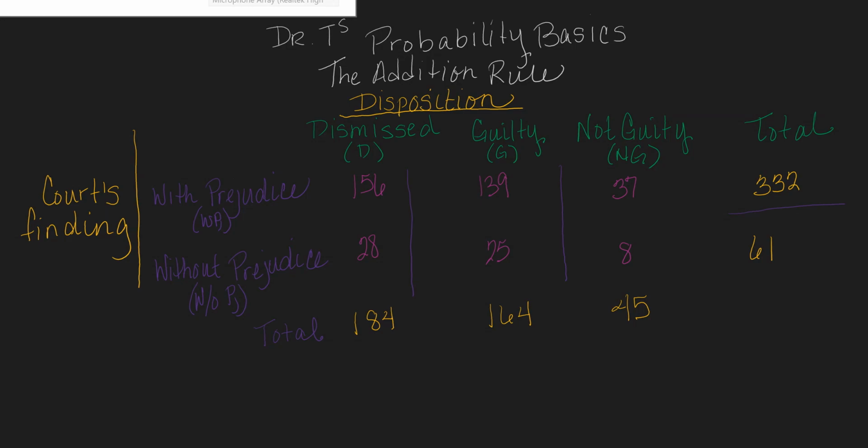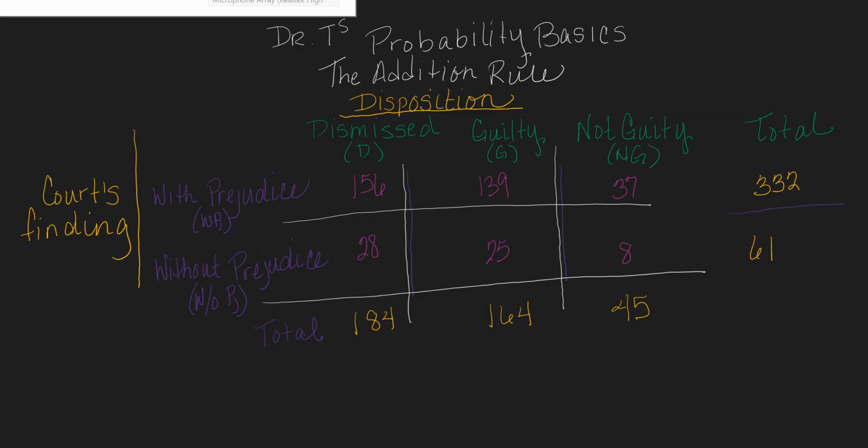We get information on all of the cases that we review where the court found a specific disposition with prejudice and without prejudice. That's what we have here in the rows. And we also have the information about defendants in the cases we reviewed whose cases were disposed as dismissed, guilty, or not guilty.